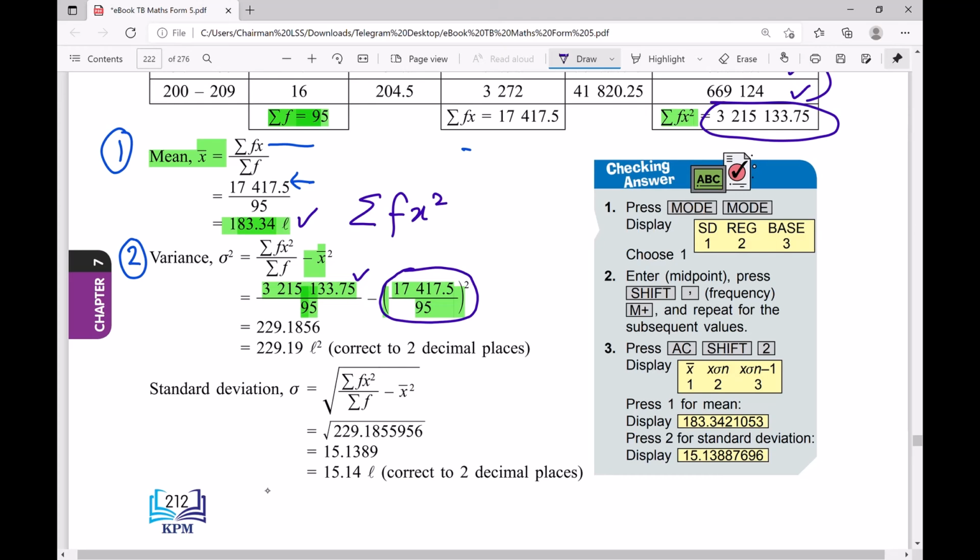Yeah, 1 at 3.34. You square it because this one square. And then use your calculator, you'll get this one. So correct to 2 decimal places. So this is the answer.